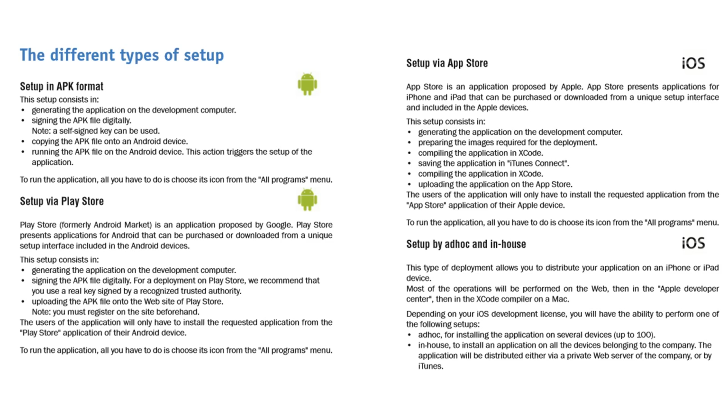Now here WinDev Mobile also gives this facility. You can sign your .apk file digitally by using this software. You should know that when you are generating the .apk file, you will be creating keys, and it will create them on the same computer.